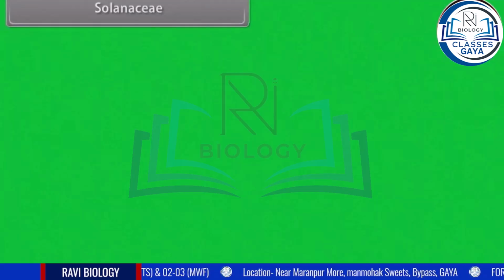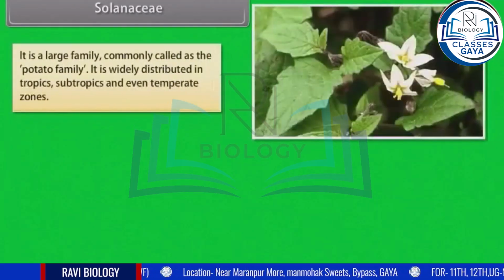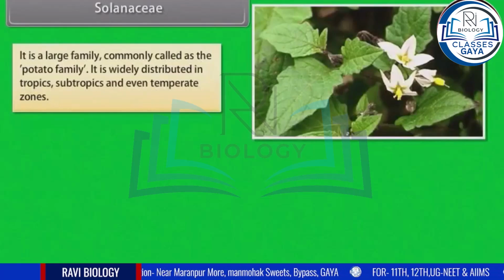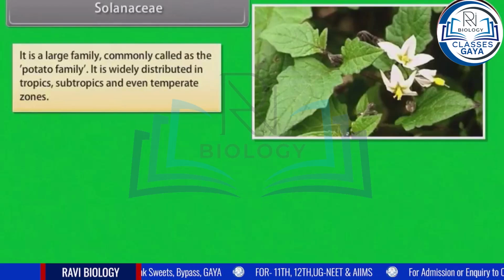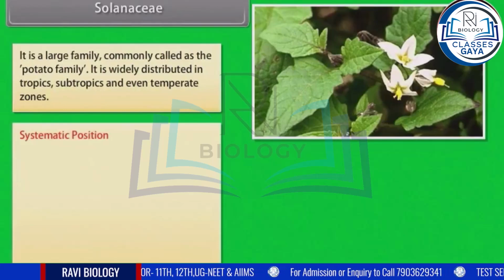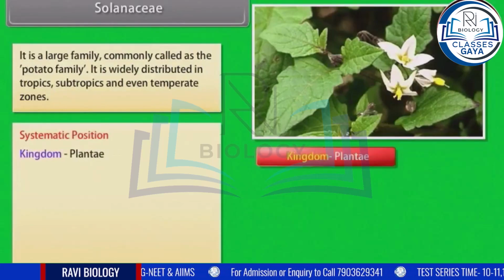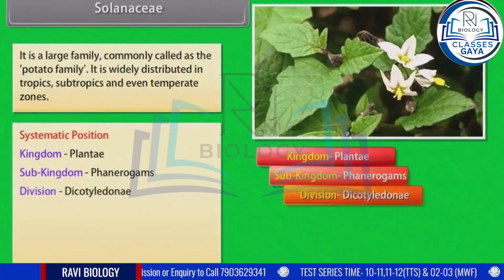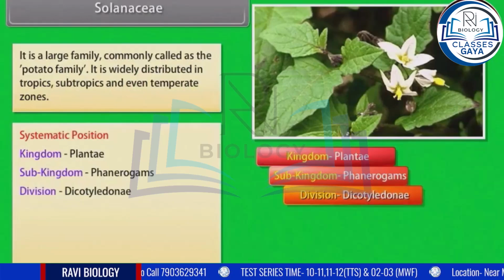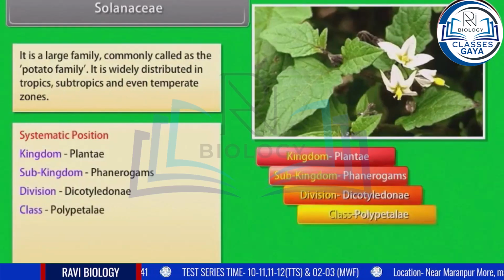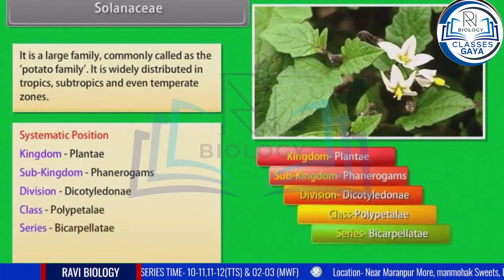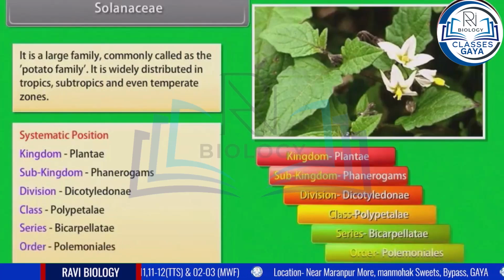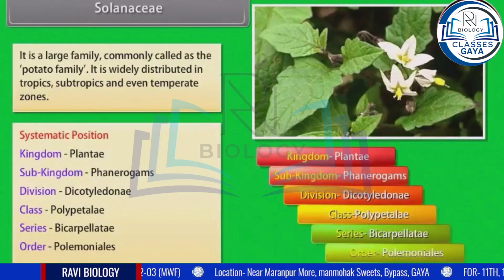Solanaceae. It is a large family, commonly called the potato family. It is widely distributed in tropics, subtropics, and even temperate zones. Systematic position. Kingdom Plantae. Subkingdom Phanerogams. Division Dicotyledone. Class Gamopetalae. Series Bicarpellatae. Order Polemoniales. Family Solanaceae.